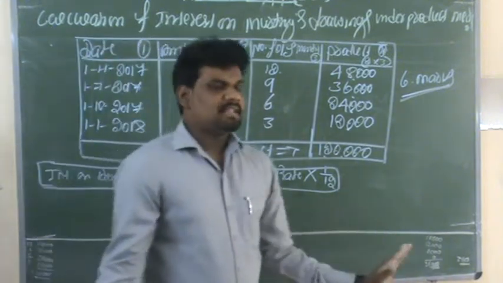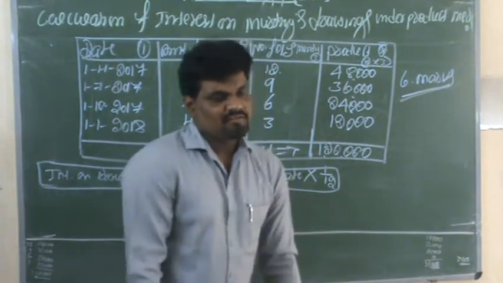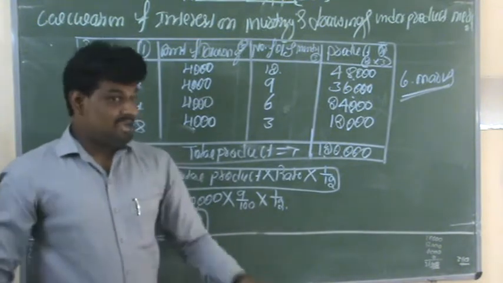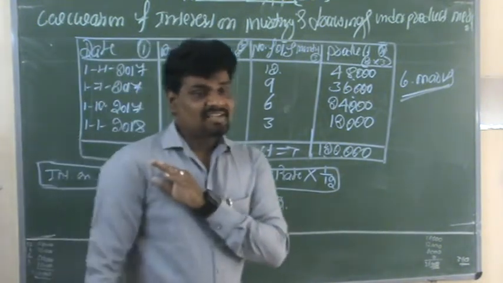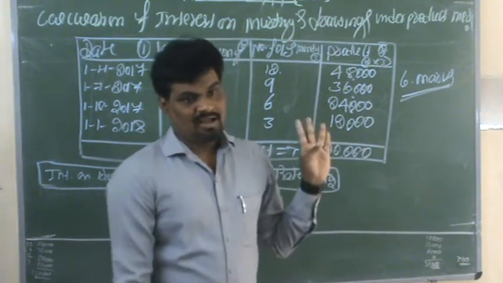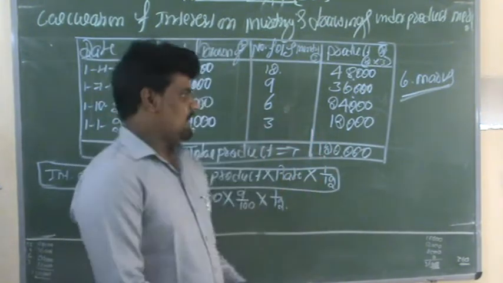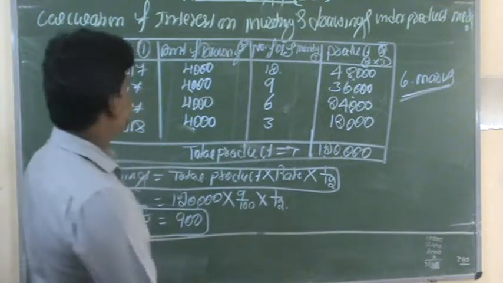In the same way, when the partner is withdrawing at the end of each quarter, we need to take one more question on the basis of the end of each quarter. So let us finish the question.